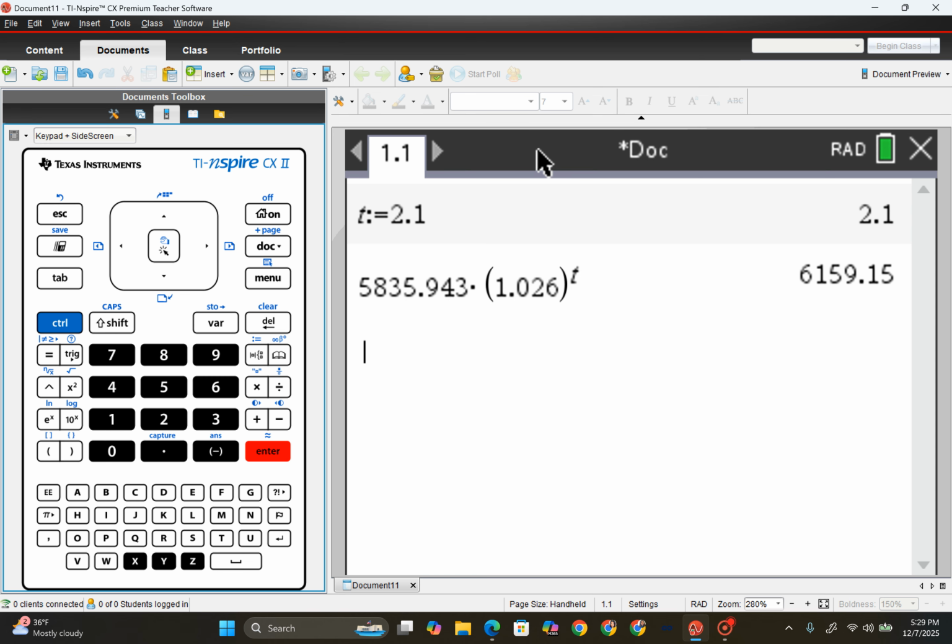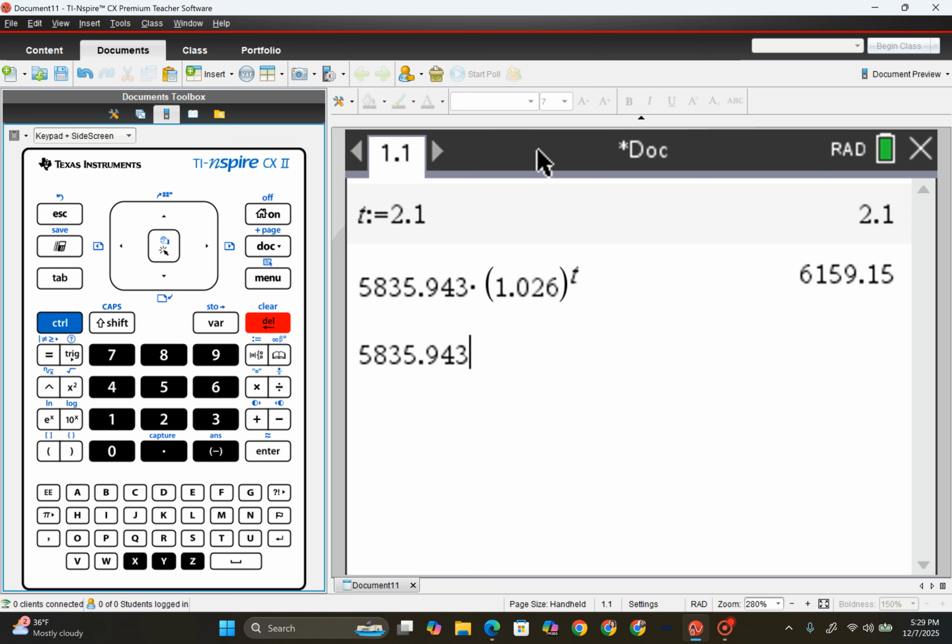So we have to type in each of them. So 5835.943, same number to start, parentheses. When I typed in choice 3, it gave me the one that was the closest to it. Well, you can go ahead and type that in. I don't think you need me to do that, but you're looking for the one that is the closest to 6159, right?